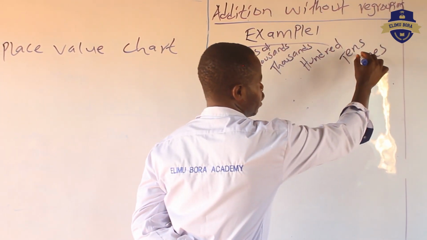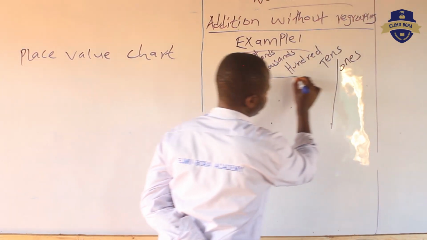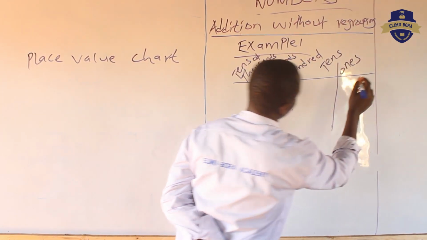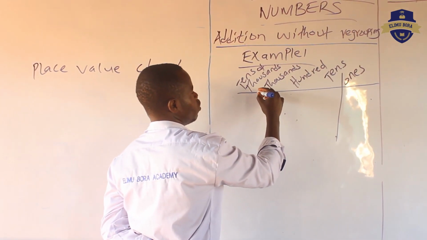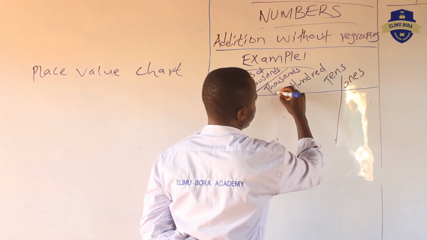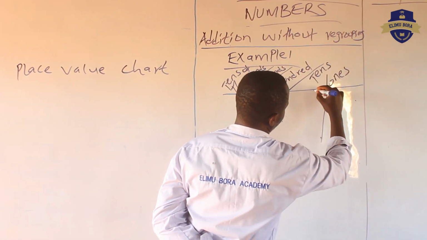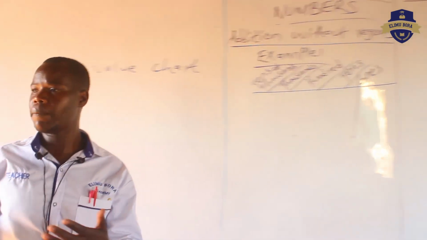So you can have what we call the place value chart, where you are supposed to find the place values of numbers.